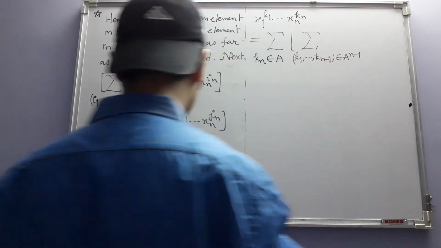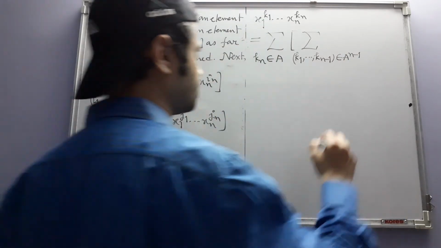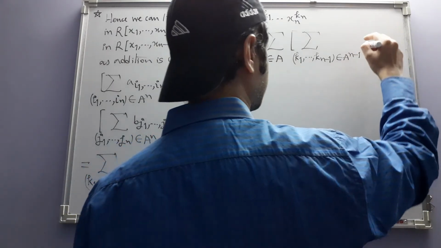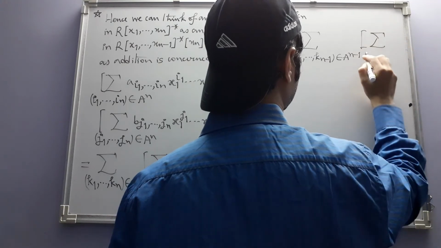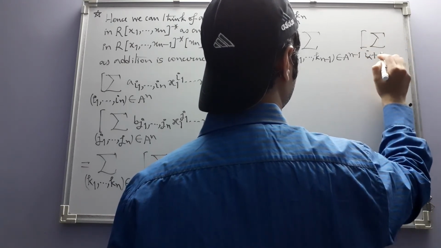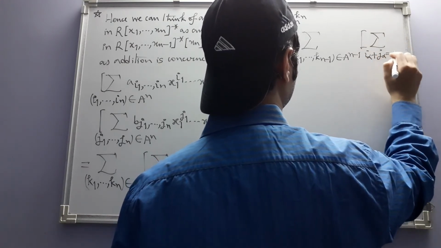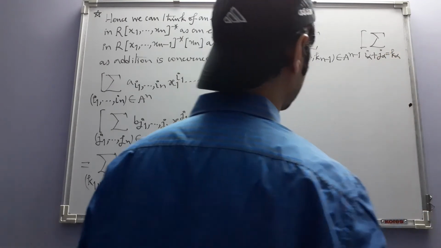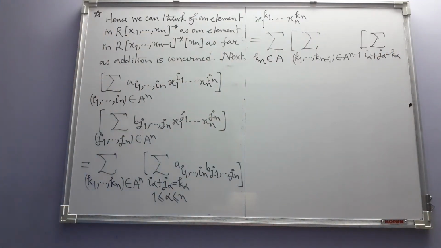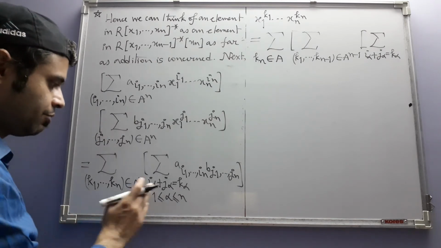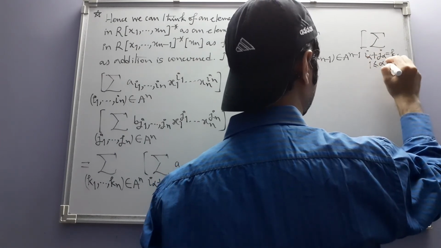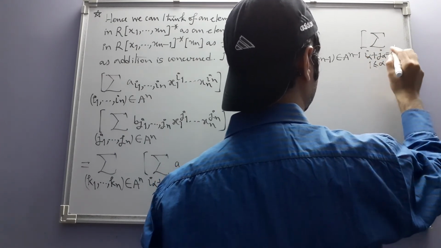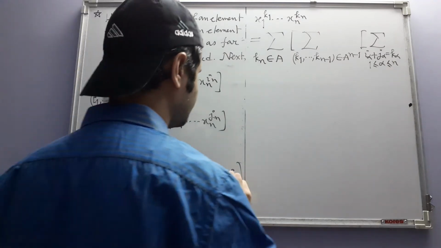Inside that still we have a summation, so two summations: I alpha plus J alpha equal to K alpha, and alpha varies from 1 to n, of these terms.